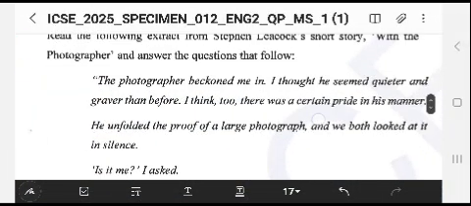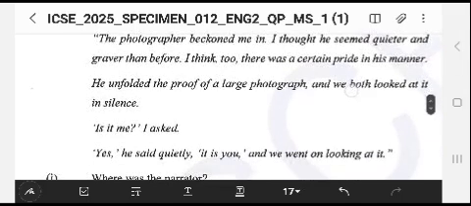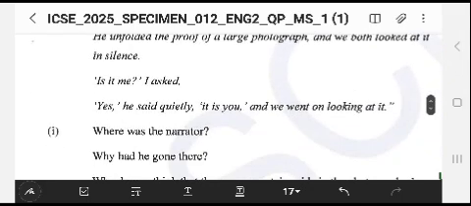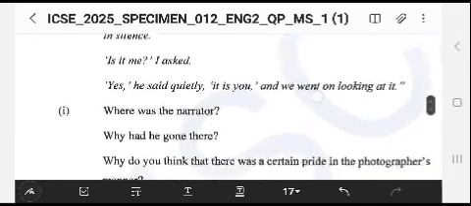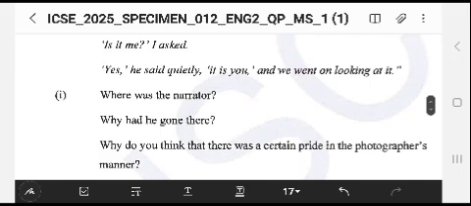In this extract you can find the question, and here also the main thing that you have to concentrate upon is where the narrator was. You have to write where the narrator was, the exact place you have to mention. No need to write an elaborate sentence. What is required is the exact answer, the keyword.